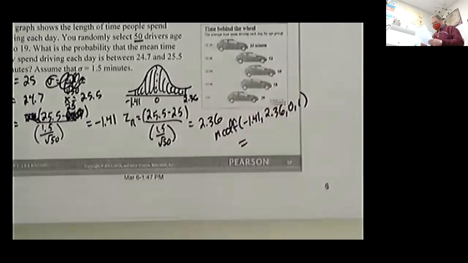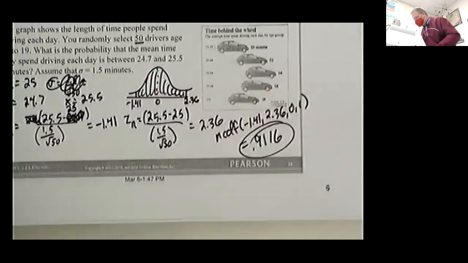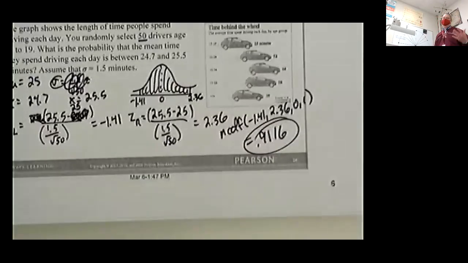And we'll type that into your calculator. And that should give you a 0.9116. So what's the probability that the mean time a person aged 15 to 19 spends driving to work is between 24.7 and 25.5? There's a 91% chance. There's our probability.